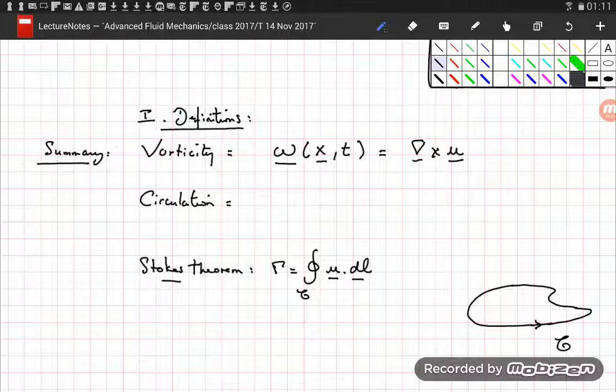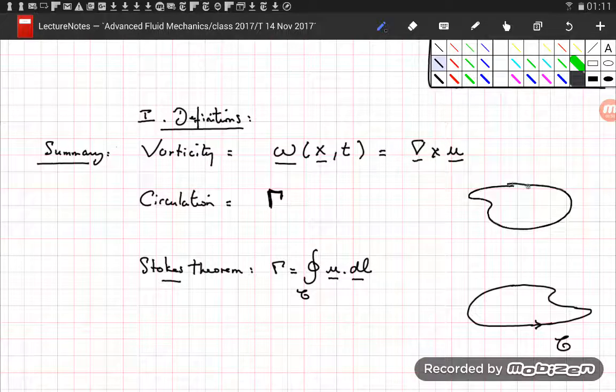Now the circulation is a scalar, so oftentimes it's called gamma, and it's a scalar which is associated with a particular contour. A contour is just a closed curve. So if this curve here is closed, this is now my contour, and the circulation is defined as the line integral over a closed contour of the flow velocity field.